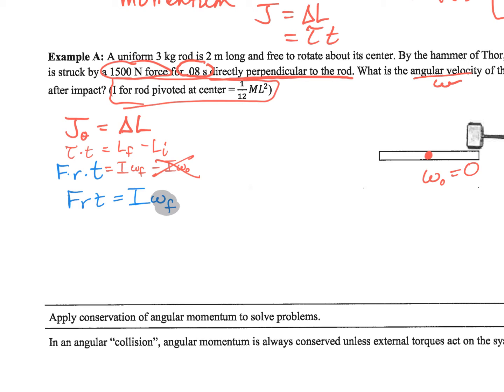You better be careful. 1,500 newtons, you are correct. The force is 1,500 newtons, but it's going this way, isn't it? Which means this thing is rotating clockwise, correct? So this is negative 1,500. How far away is it from the center? It is a 2 meter long rod, so from here to here, it is 1 meter. And what's the time?